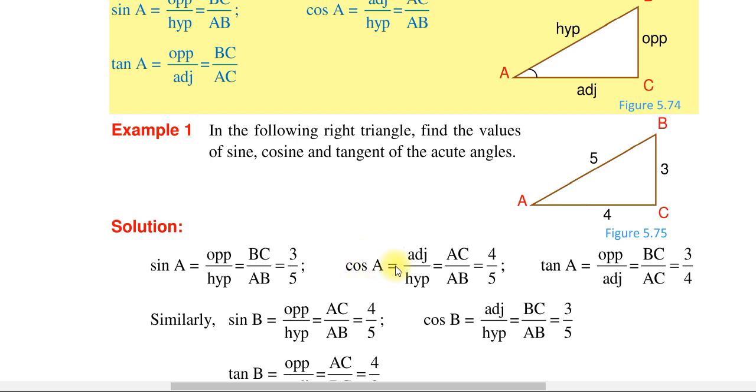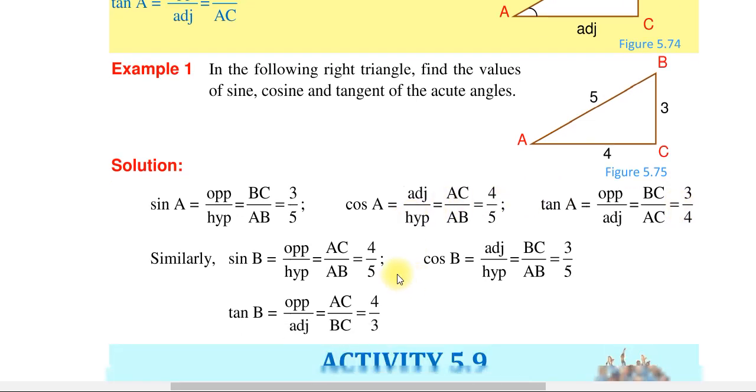And cos A means adjacent over hypotenuse. Adjacent is 4 over 5, 4 over 5. Tan is opposite over adjacent, 3 over 4. So 3 over 4 comes. Similarly, sin B is opposite over hypotenuse.